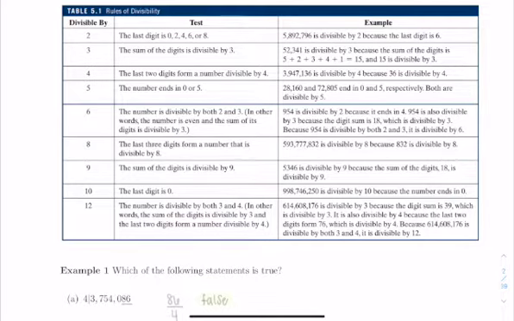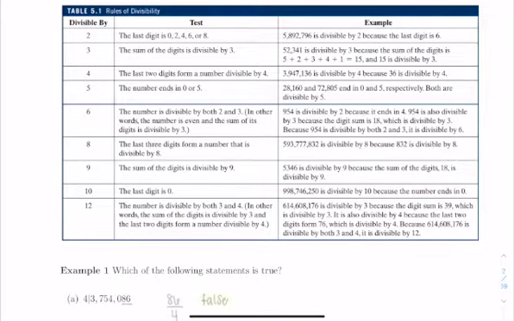To be divisible by 8, the last three digits form a number that is divisible by 8. So 593,777,832 is divisible by 8 because 832 is divisible by 8. To be divisible by 9, the sum of the digits must be divisible by 9.